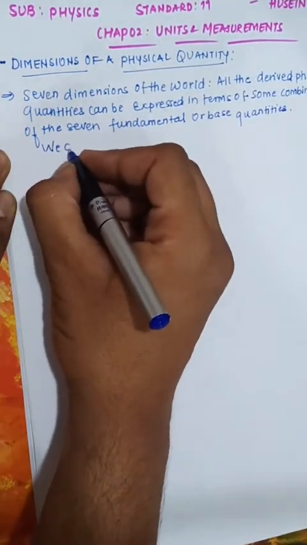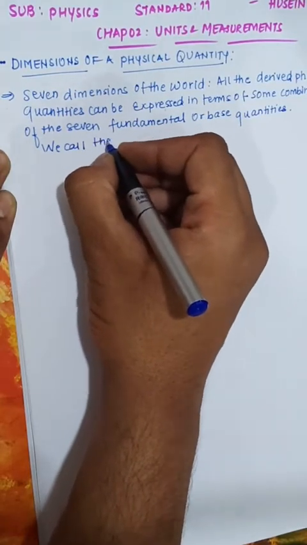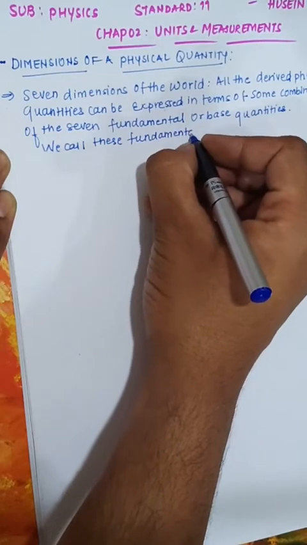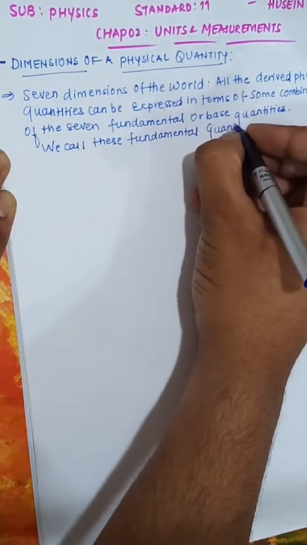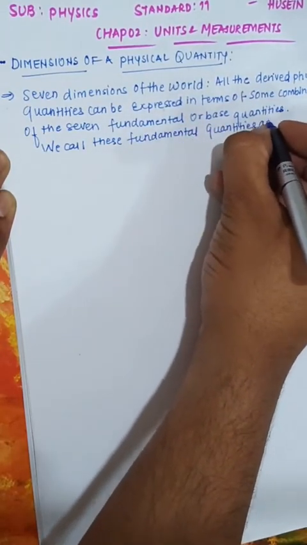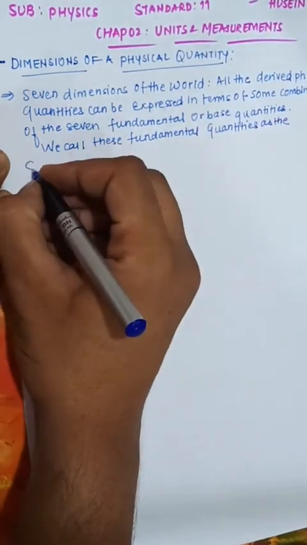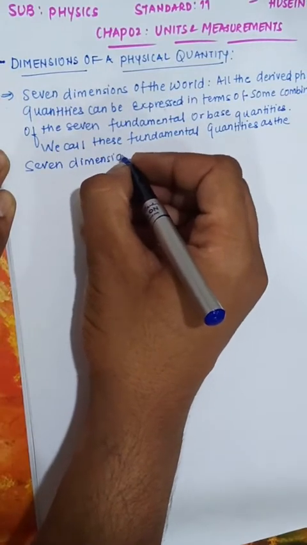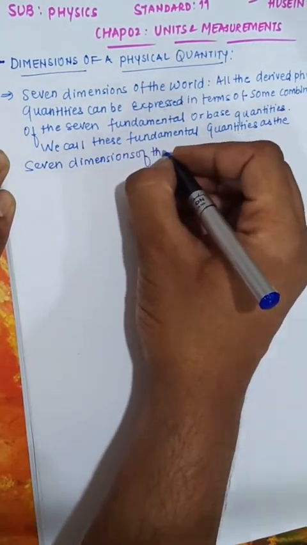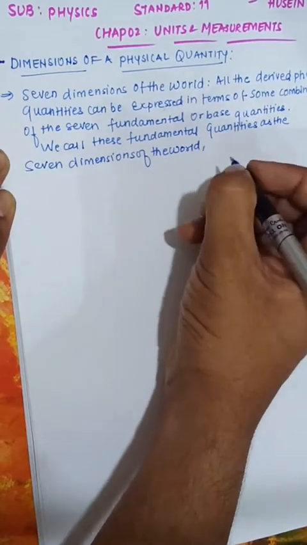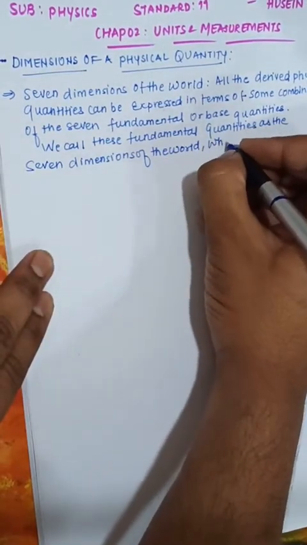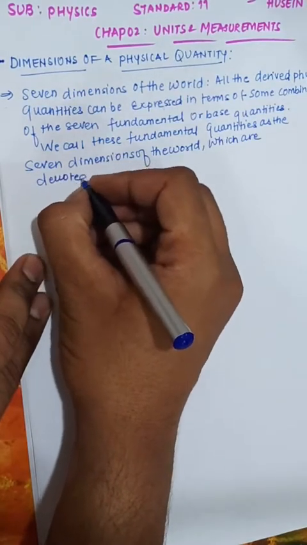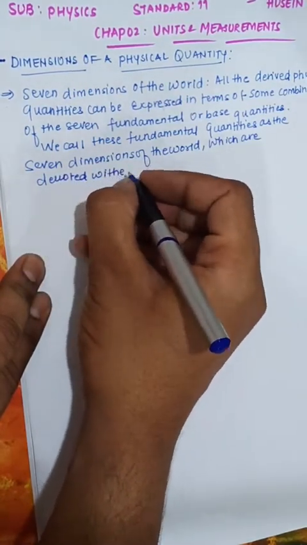We call these fundamental quantities the 7 dimensions of the world, which are denoted with square brackets.